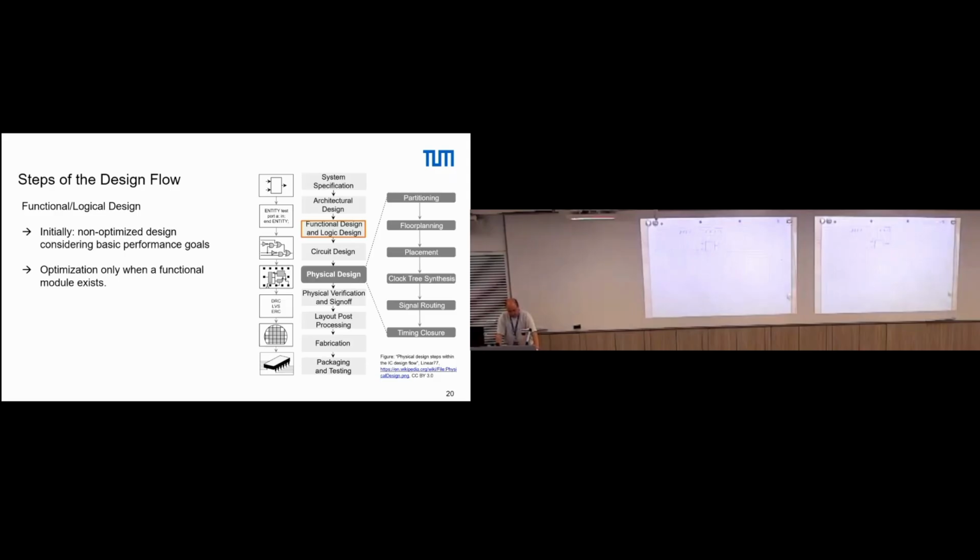Now we want to write a hardware description for such a NAND gate. The first thing we need to do is describe this black box, at least in VHDL.